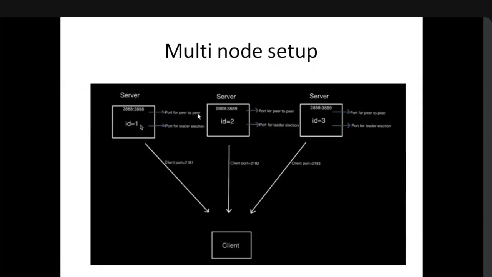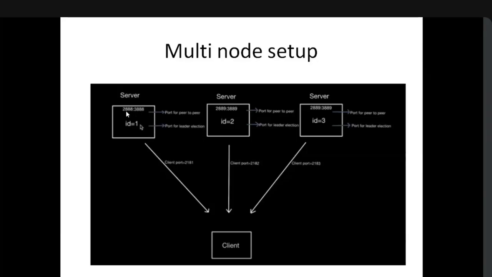That day-to-day, regular information will be shared using a different port. That port is for peer-to-peer communication. These servers are called peers of each other, buddies actually, because they run in the same cluster. Whenever they want to communicate with each other, we need one more port.